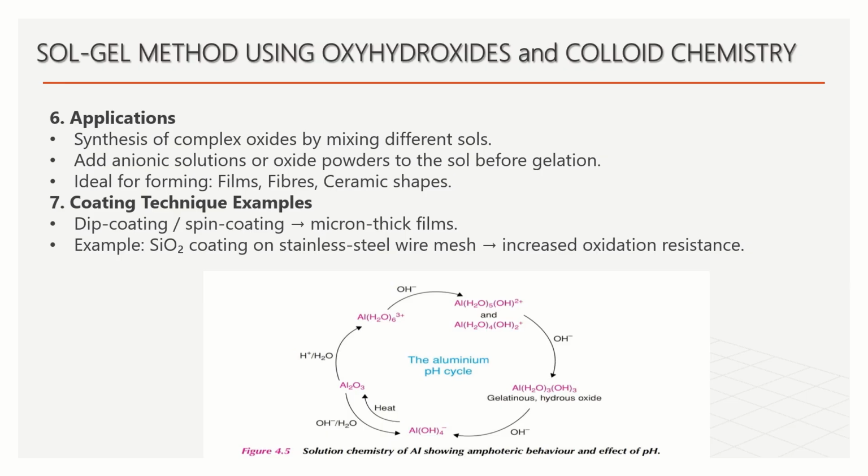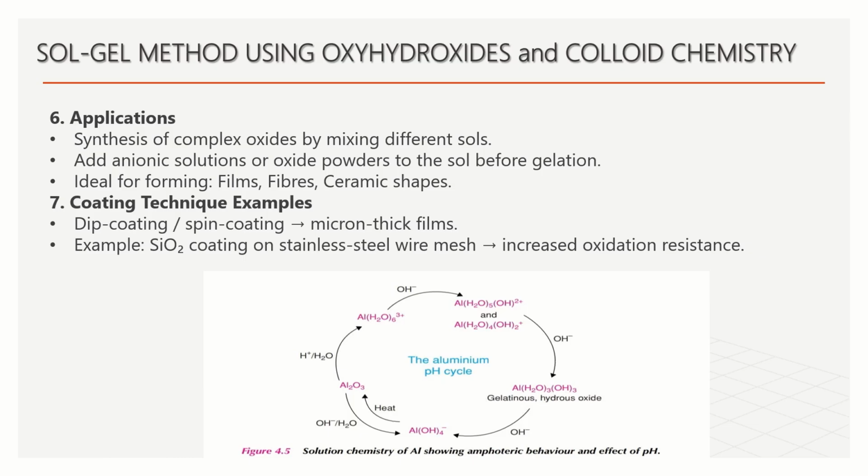In the basic region, the right side of the circle, further addition of OH negative dissolves the gel to form aluminium hydroxide, Al(OH)4 negative, an anionic complex.